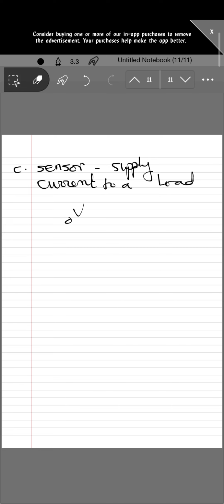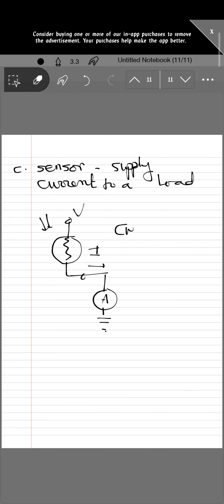We have the V0 here, then this resistor which is experiencing light, and then an ammeter measuring the current, and so it will be able to provide current. This is grounded, so this acts as a current source. So these are the three applications.